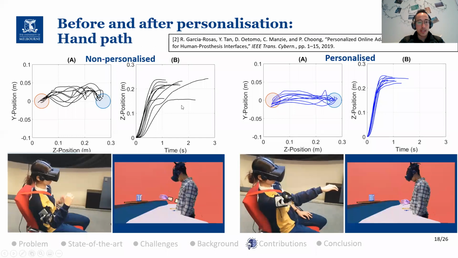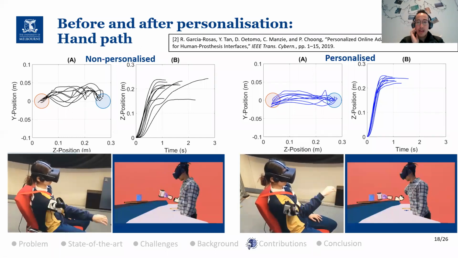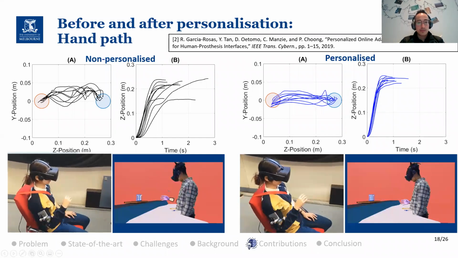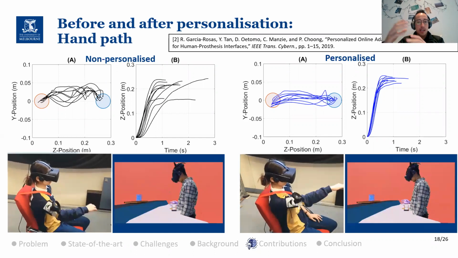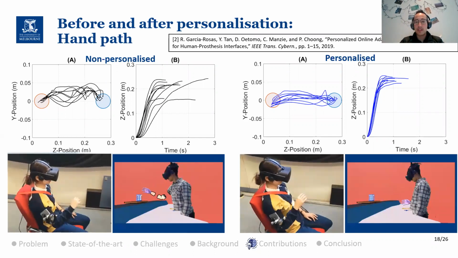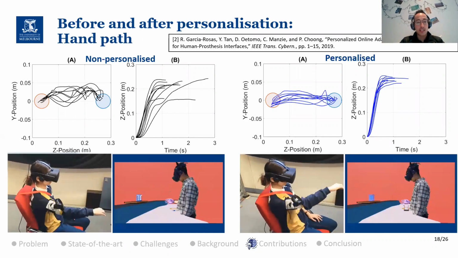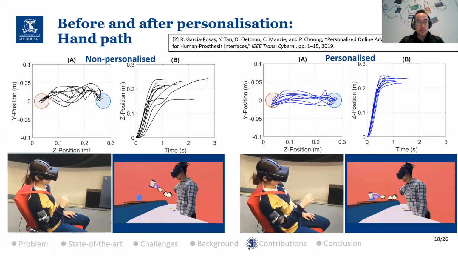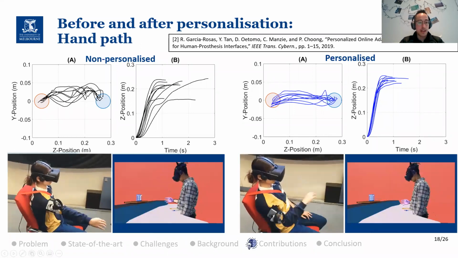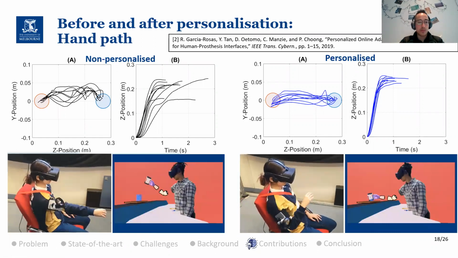And then C is time and the forward displacement. On the right, we have the personalized. Overall, we can see that accuracy was improved and it was obviously quicker to perform the task. But we also see a very big change in the variance of the path, which is actually quite interesting, as it's closer to what able-bodied people would do.